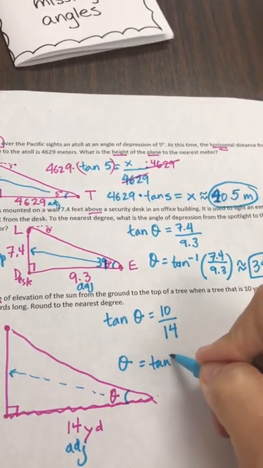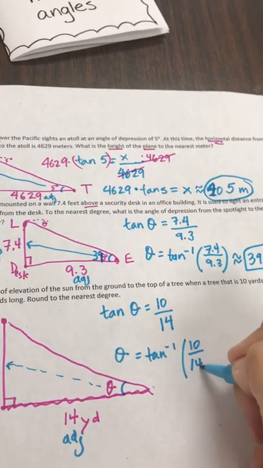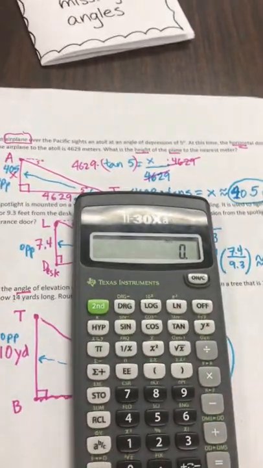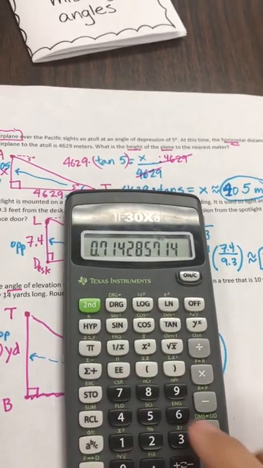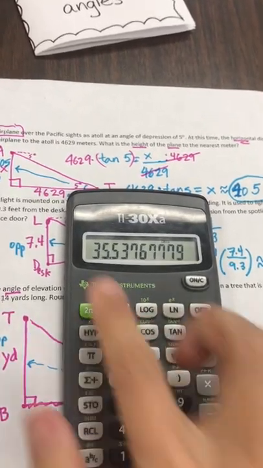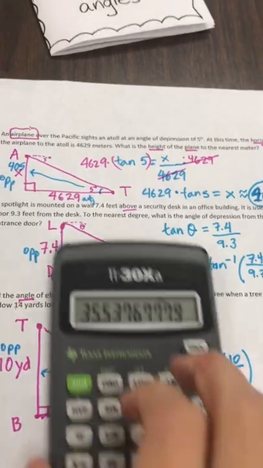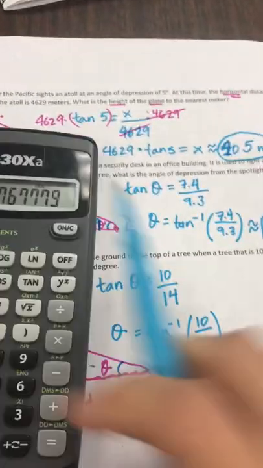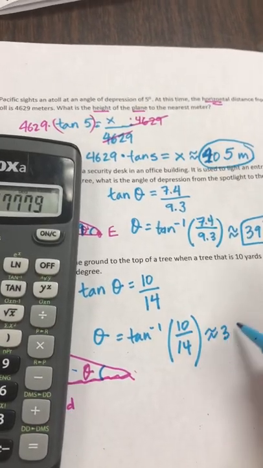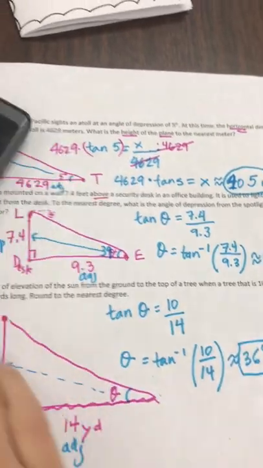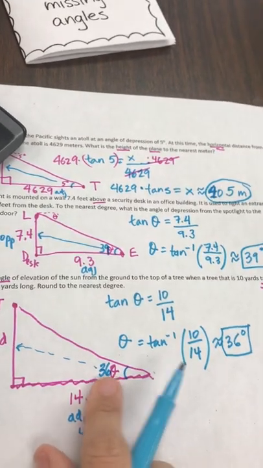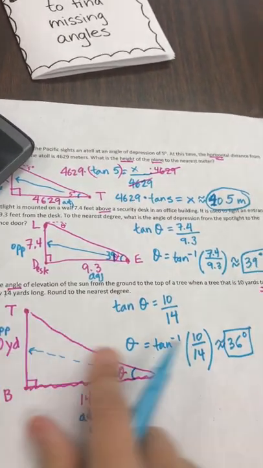Theta would be the inverse tangent of 10 over 14. Let's type that in. Clear. 10 over 14, enter. Inverse tangent. I'm told to round to the nearest degree, so I'm going to round that to 36 degrees and just double check that the answer makes sense. So when I go back in here, if that's 36 degrees, that looks like that makes sense.